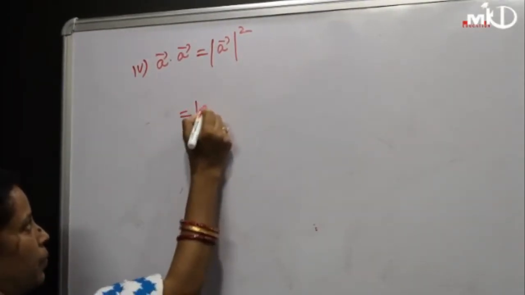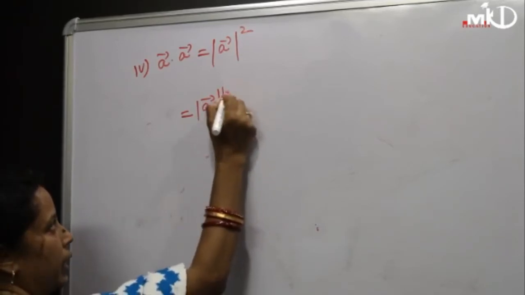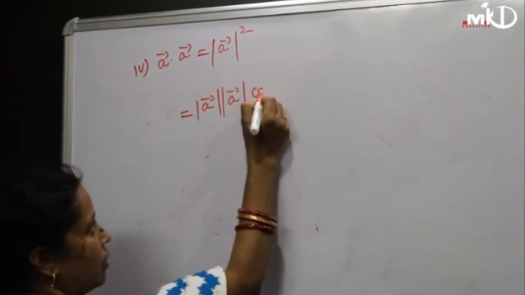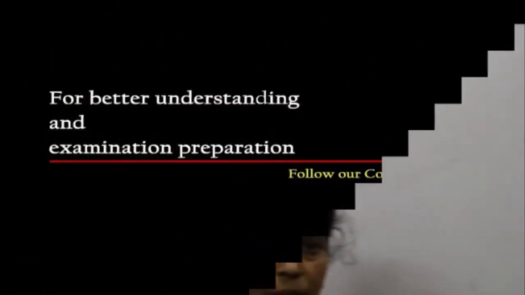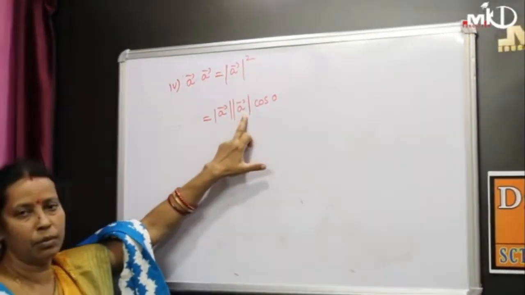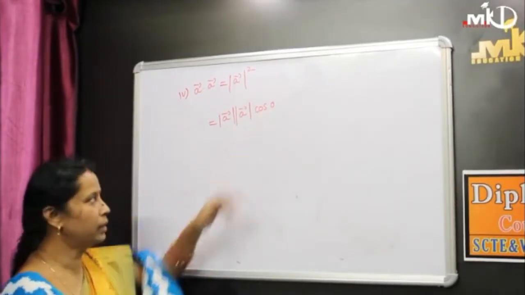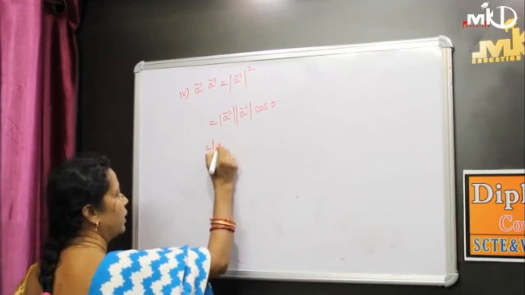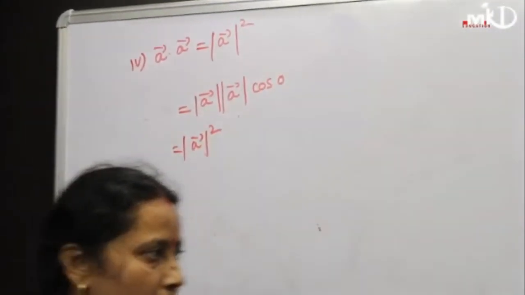That means we take the modulus of a bar and again the modulus of a bar and cos 0, because the angle between the same vectors is 0. So a bar dot a bar is equal to modulus of a bar and modulus of a bar into cos 0, and we already know cos 0 is equal to 1, so it is the square of its modulus. This is the next property.